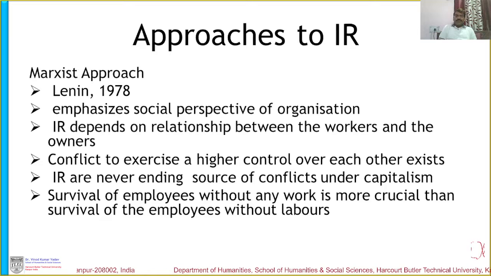Survival of the employees without any work is more crucial than survival of the employees without labor. Now, this word is very important. Try to understand work and labor. Labor means shram. If you don't have work, then it is very difficult to survive.